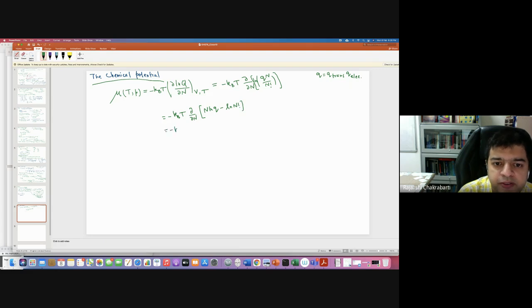Which is minus kBT del/del n of that. Then what will be the answer? The first term is going to be ln q. This one gives you n by n minus ln n plus 1, and these two will cancel.